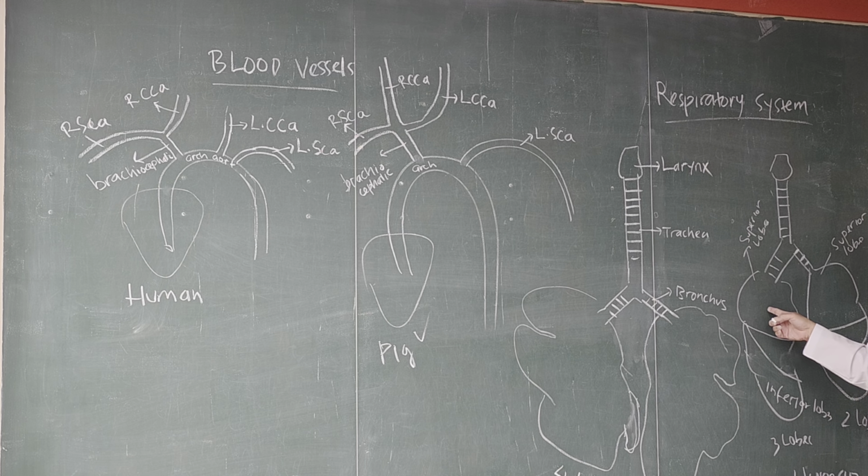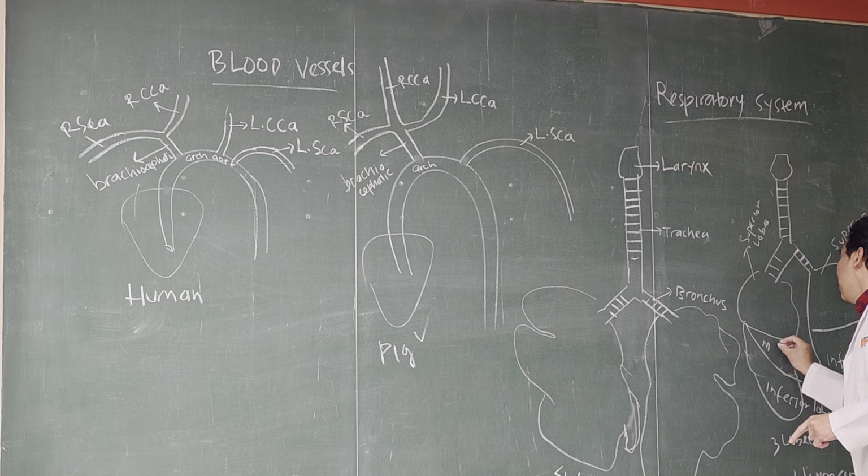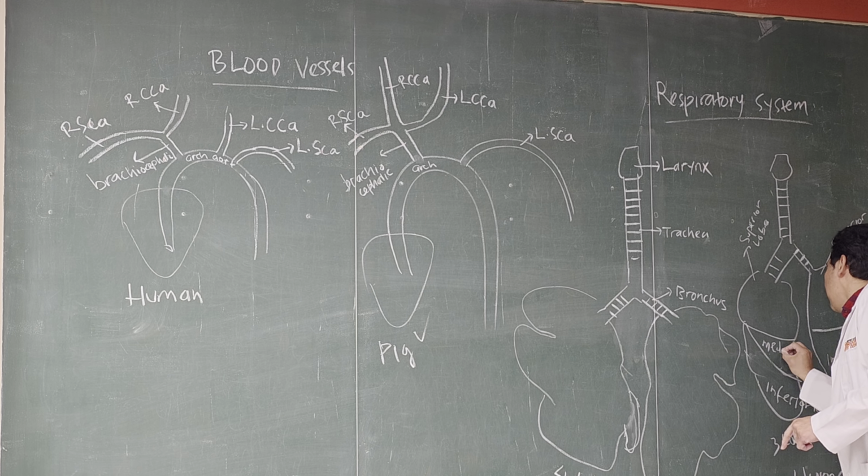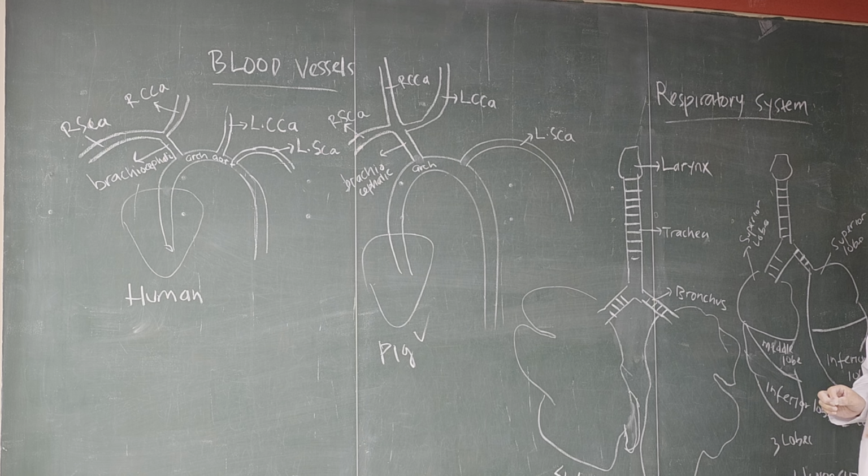Now on the left, you have 3. The one in the middle is going to be called the middle or medial. So middle lobes. Okay, they are divided by a line. It's called the fissura.